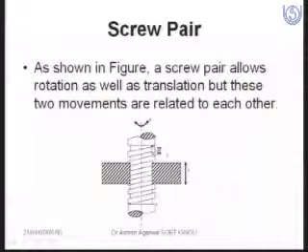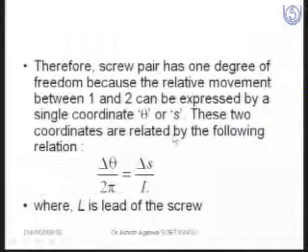This is called the screw pair. When this is rotating, and by rotation it is moving up and down, so it has two motions related to each other, translation motion as well as rotation motion. In this screw pair, it has 1 degree of freedom because the relative motion between 1 and 2 can be expressed by a single coordinate.